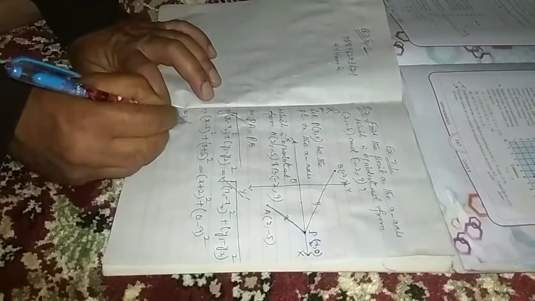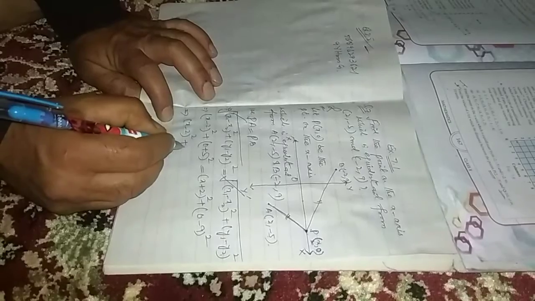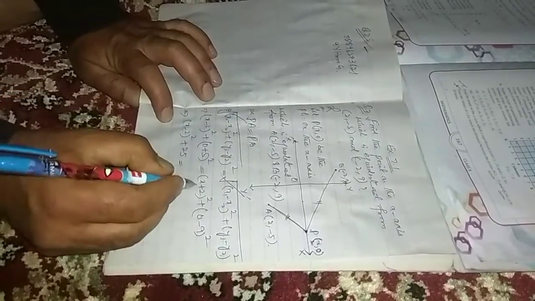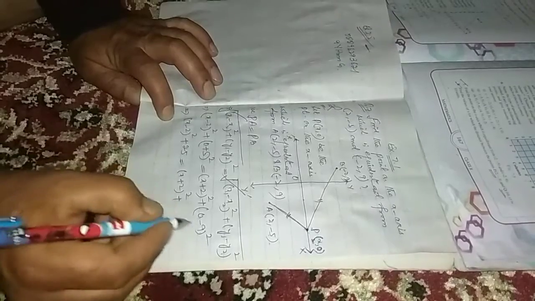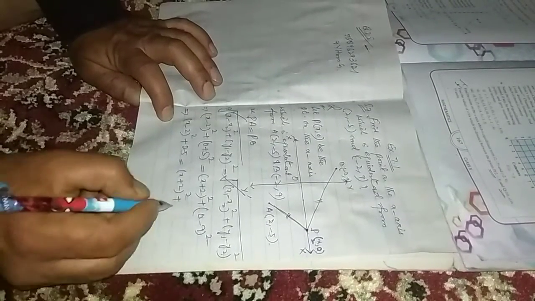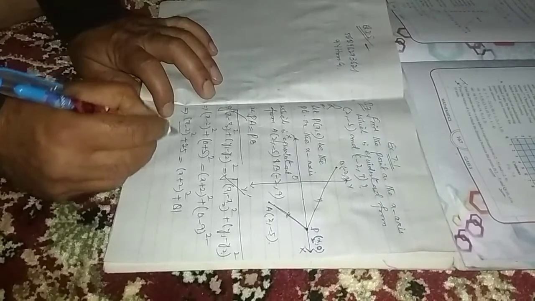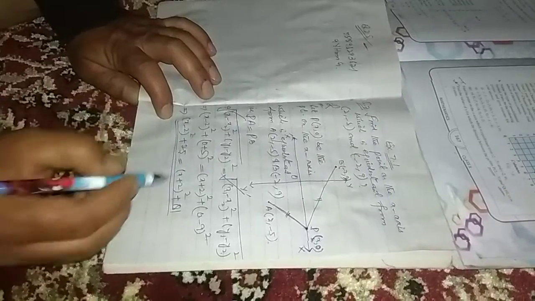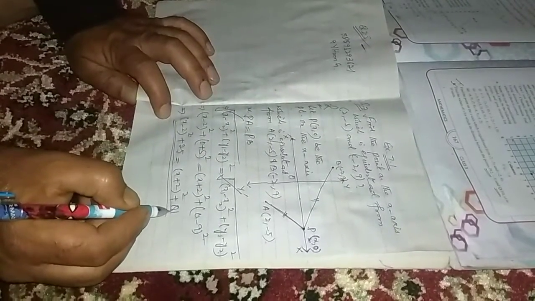This implies (x minus 2) whole square plus 5 square, that is 25, is equal to (x plus 2) whole square plus (0 minus 9) whole square, that is 81. So we get the equation (x minus 2) whole square plus 25 is equal to (x plus 2) whole square plus 81.